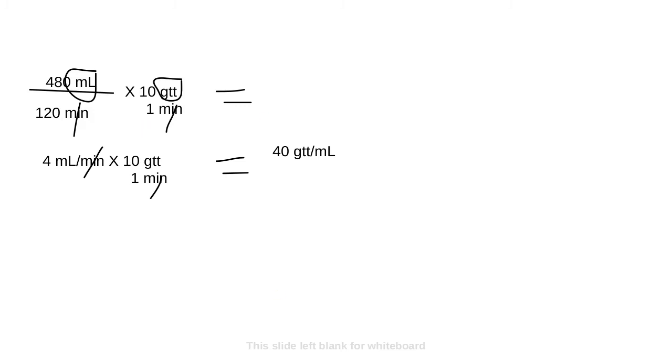But if I break it down to the bottom, it ends up canceling out. And so that's how they end up being the same. And your answer will be GTT per ml. You already have the drop factor, which is GTT per minute.